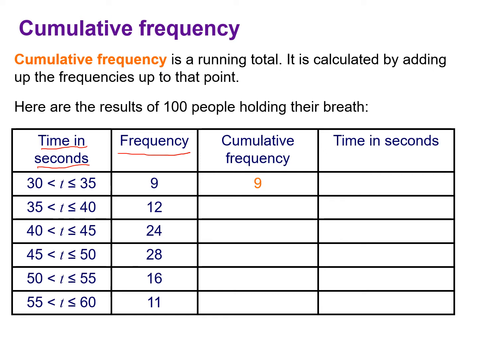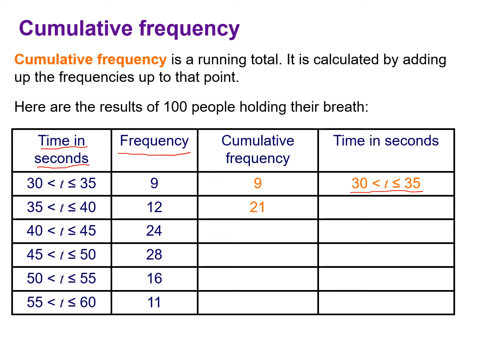So it's easy to fill in the first row. What the first row says is the cumulative frequency is 9, so it's just the same as the frequency. And what this says is there are 9 people who could hold their breath between 30 and up to 35 seconds. Now when we go to the next row, we fill in a 21.